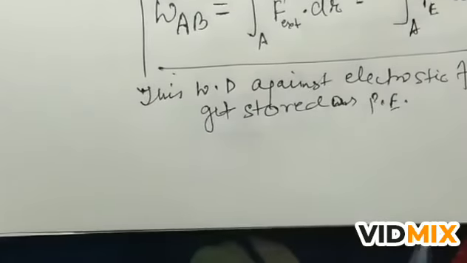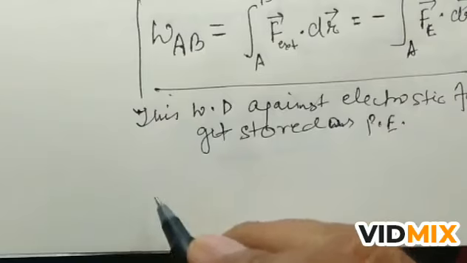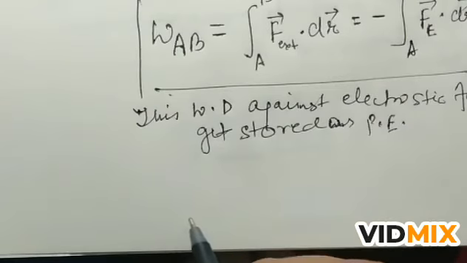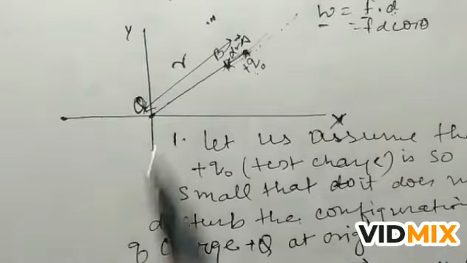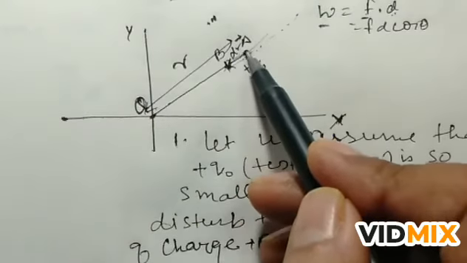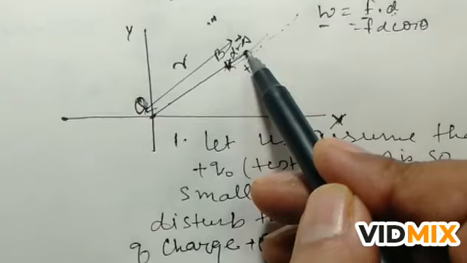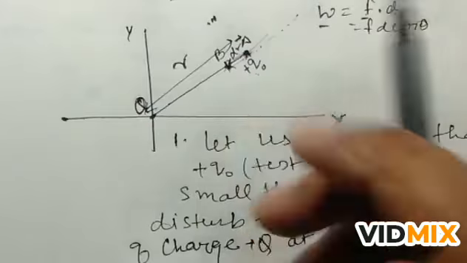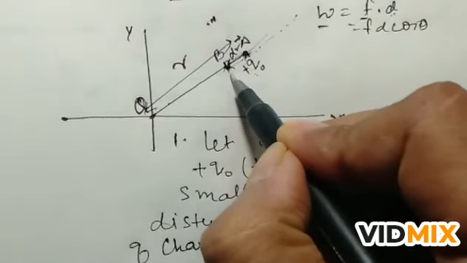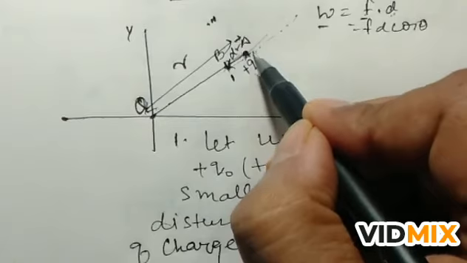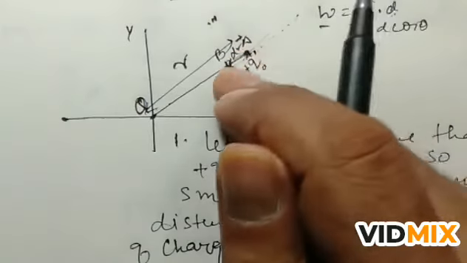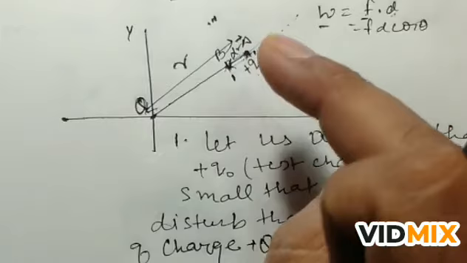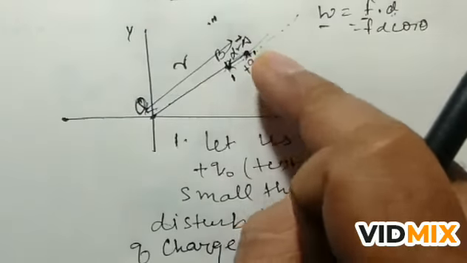Now let the charge have some potential energy at this point, whatever the point is, A and B. Suppose any charge is brought from point A to point B. If the charge is brought from point A to point B, we are applying some force and doing some work on it. So the potential energy at point B and the potential energy at point A are different.